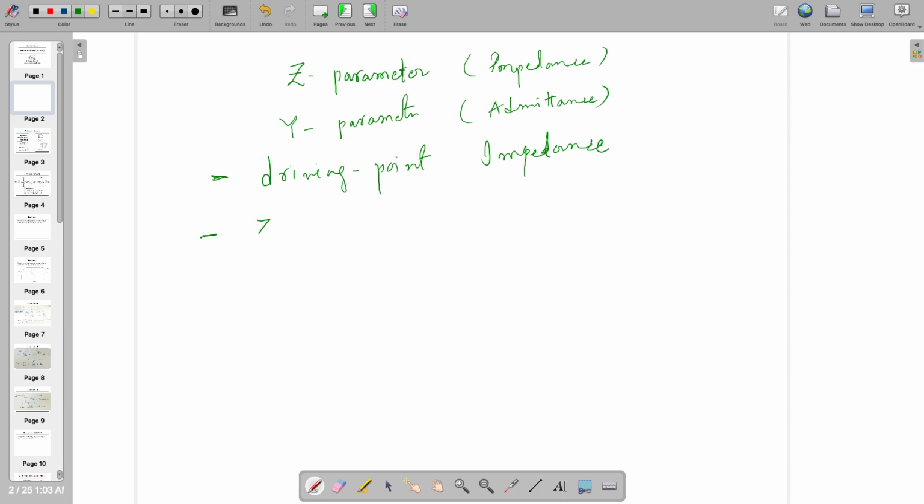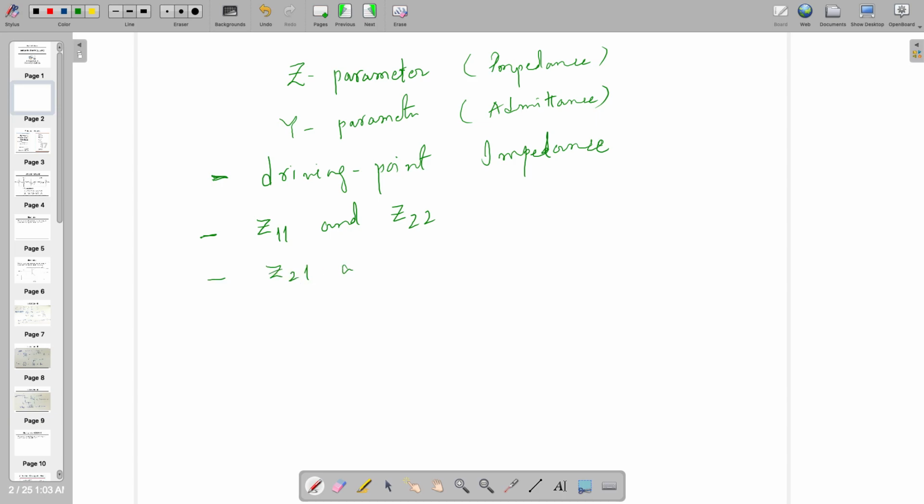We also talked about one thing: Z11 and Z22 are impedances looking at the terminals between 1 and 1 bar, and between 2 and 2 bar, where these two are the input and output impedances.